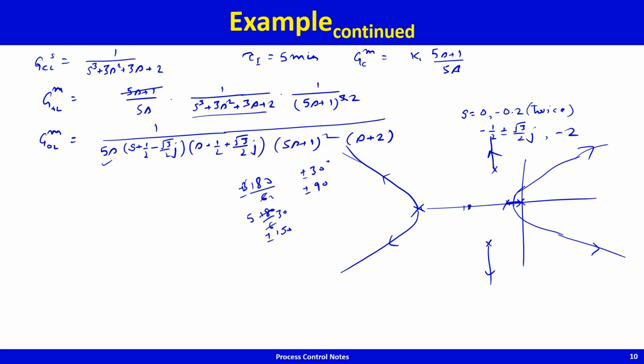And now we are looking for that value of Kc for which this point, let me call this point s naught, subtends an angle of 60 degrees. That's what we are looking for. How do we do it?